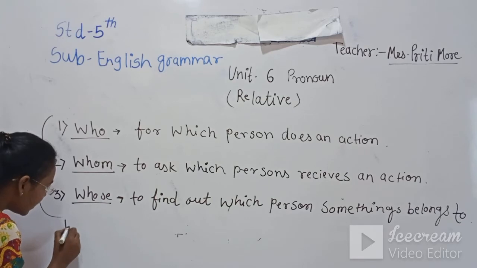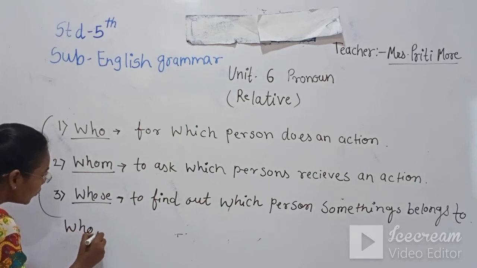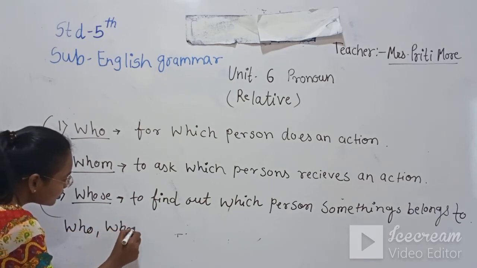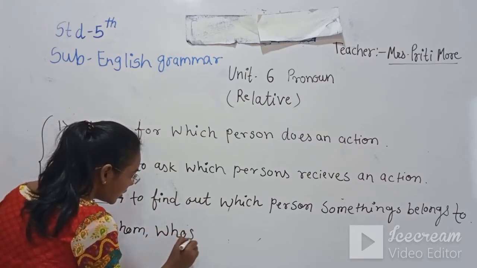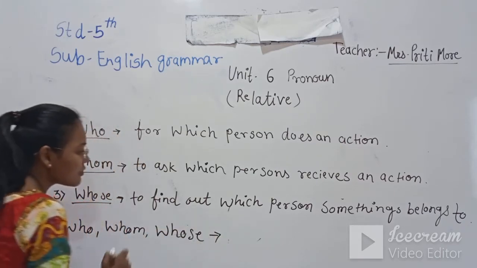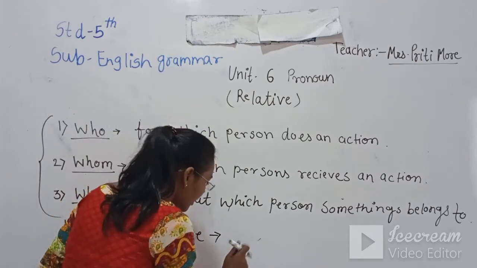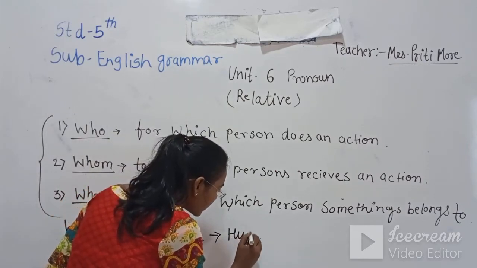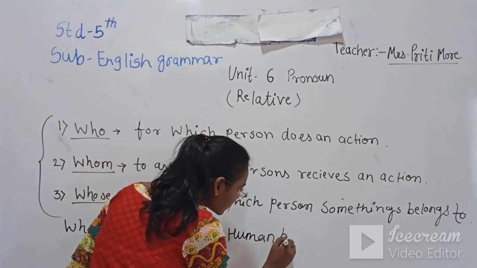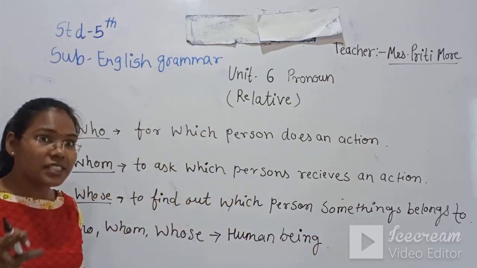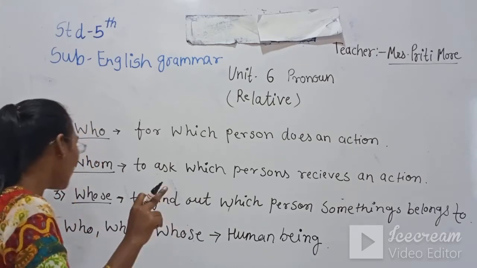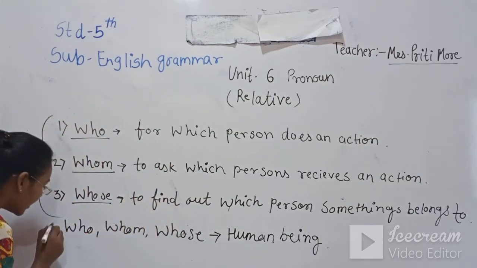So I write here who, whom and whose. This is for human being. Now which and that are left. Now when to use which and that?